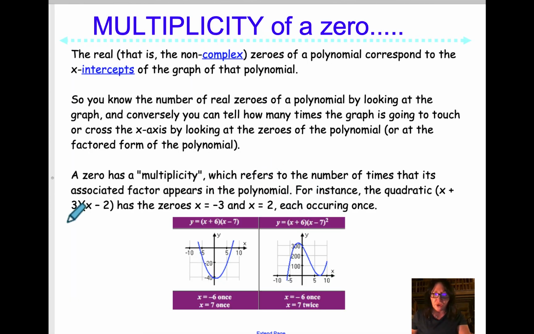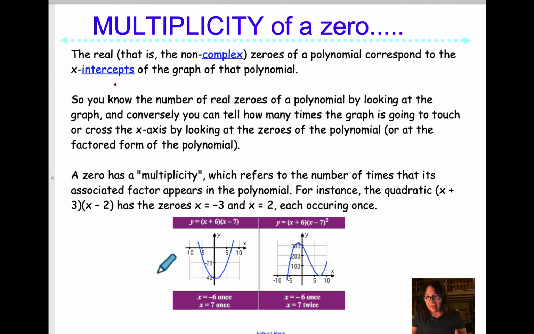We're going to delve into more multiplicity. It just means that the real, that is basically non-complex zeros, complex meaning imaginary, correspond to the x-intercepts. So if you know the number of zeros that you have, that's going to be the same as your power.